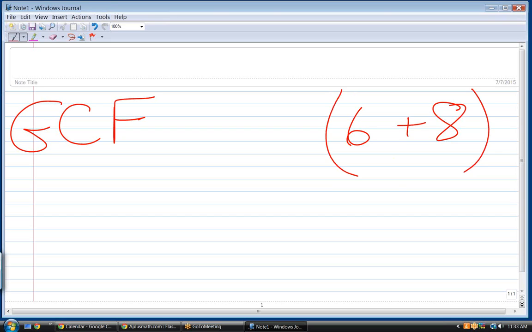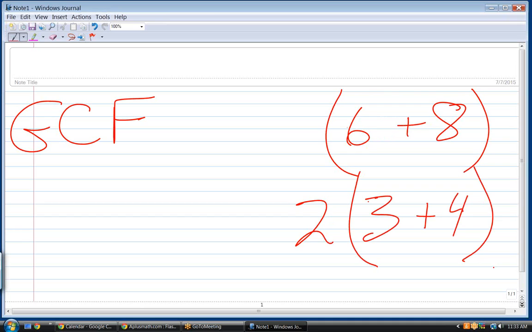You're looking for a number that divides evenly into both of these, and the biggest number we can find. Isn't it 2? Yes. In other words, I can divide both of these terms by 2 and write this expression like that. 2 times 3 plus 4 is the same as 6 plus 8.